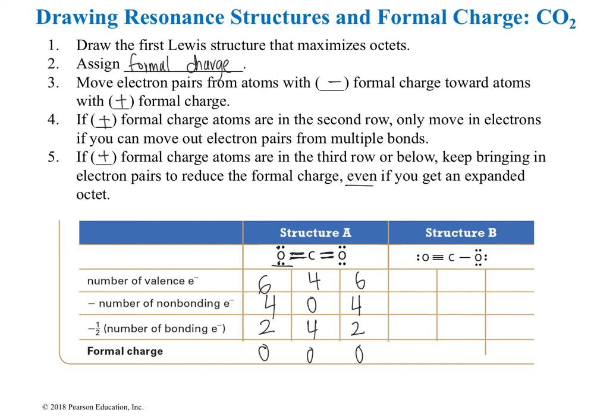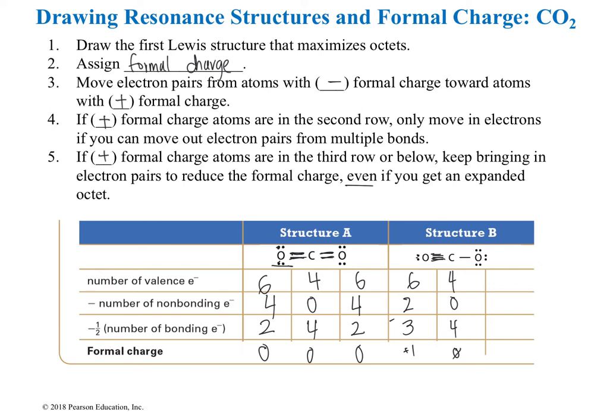Structure B. So this oxygen is different. It has 6 valence electrons, 2 non-bonding electrons, and 1, 2, 3 bonds. So it has a formal charge, subtracting those, of positive 1. This carbon: 4, 0 non-bonding, 4 bonds. They're just distributed a little differently, so 0.